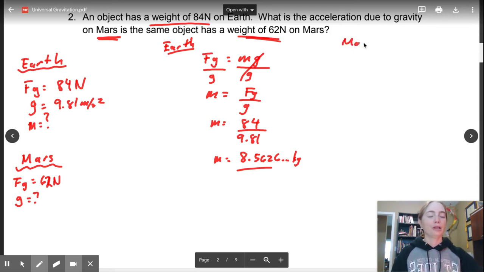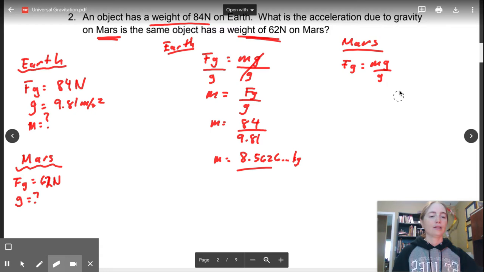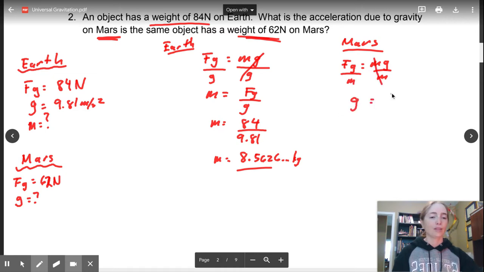Okay, well, I'm going to go over here and do my math on Mars. So my Fg is now equal to mg. I need to find g. Divide by mass, or just use the pre-rearranged equation on your data sheet. I don't really need to be doing this, but whatever. All right. Fg over m.